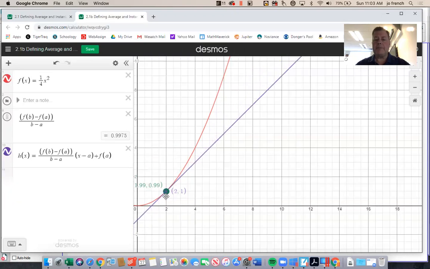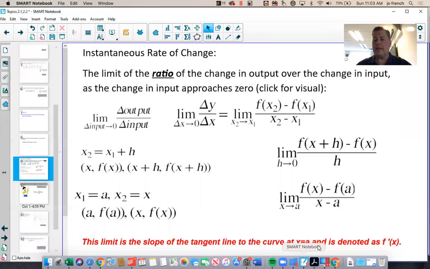When we bring them absolutely on top of each other, it becomes undefined, but we can hopefully see a trend or an expectation, a limit to those values of that ratio as those 2 points come together. So our change in y over our change in x as our change in x disappears.